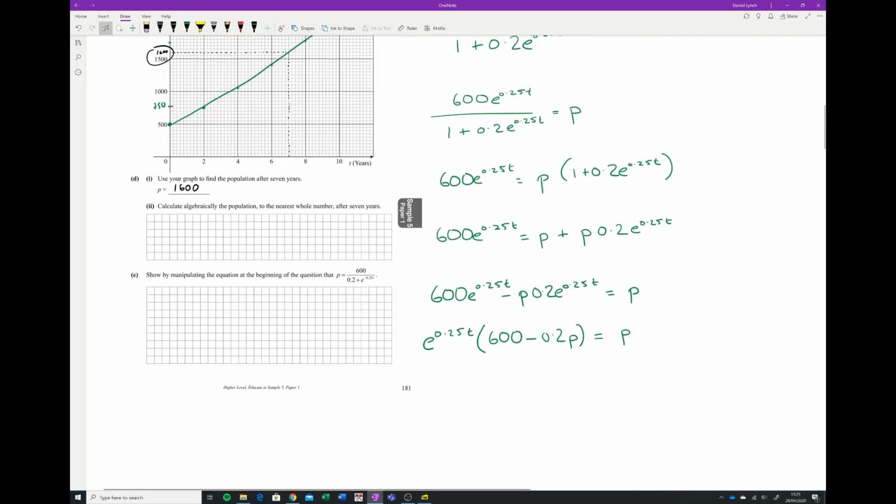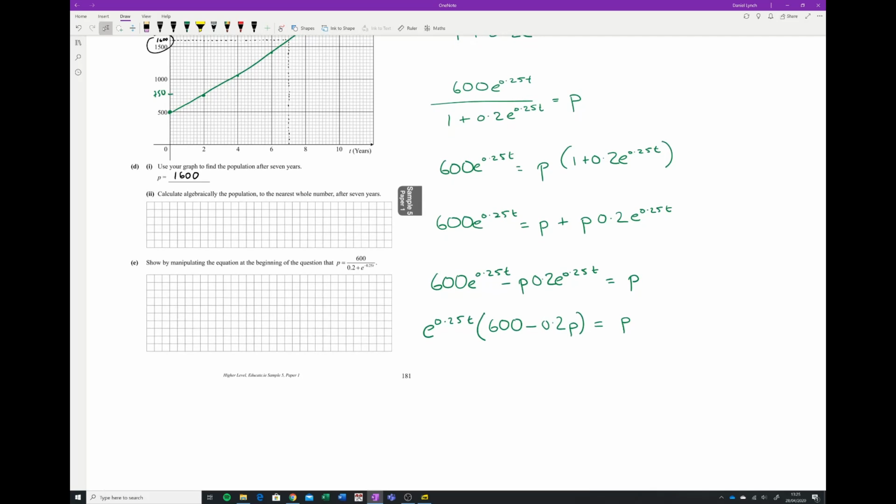So it looks to me as if we are on the right track here. Hopefully that is the case. So what can we say here? We can say that e to the 0.25t is equal to P over 600 minus 0.2P.